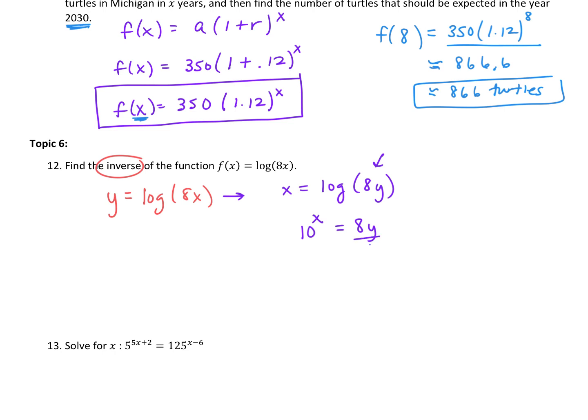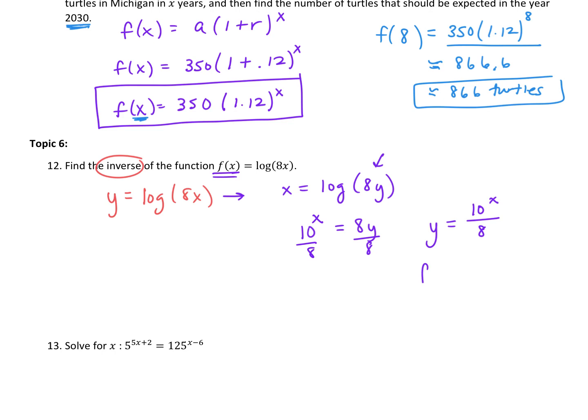To get the y alone, we'll just divide both sides by 8, and then our inverse function will be y equals, now this is a 10 to the x power, it's not just a 10, so I can't simplify the 10 over the 8, so that will just stay as 10 to the x power over 8. Another way to write an inverse function, this was f of x.